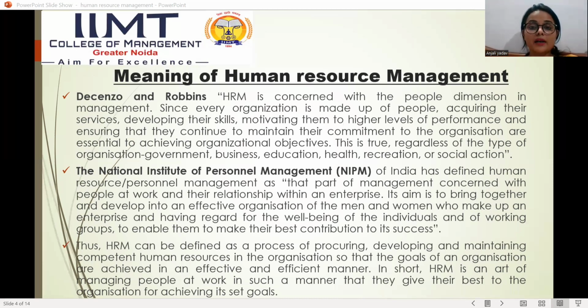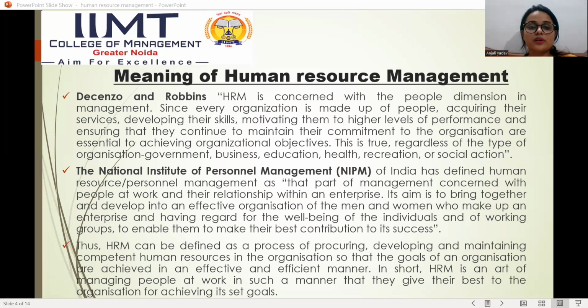While management is a combination of 5 functions, that is planning, organizing, staffing, directing, and controlling. So we can say that human resource management refers to planning, organizing, staffing, directing, and controlling the activities of the human resource of an organization for the attainment of its objective.